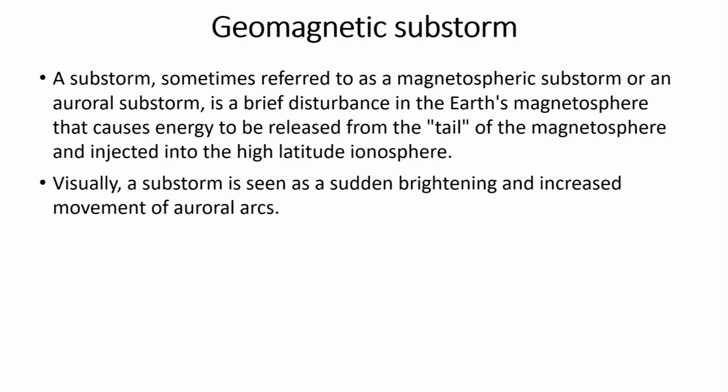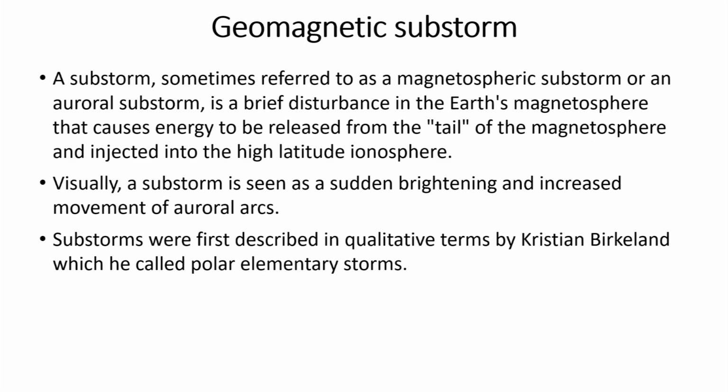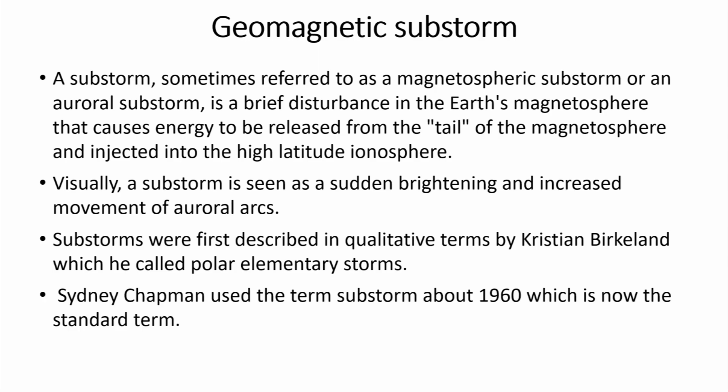Visually, a substorm is seen as a sudden brightening and increased movement of the auroral arcs. Substorms were first described qualitatively by Kristian Birkeland, who called them polar elementary storms, and Sydney Chapman used the term substorm about 1960, which is now the standard term.